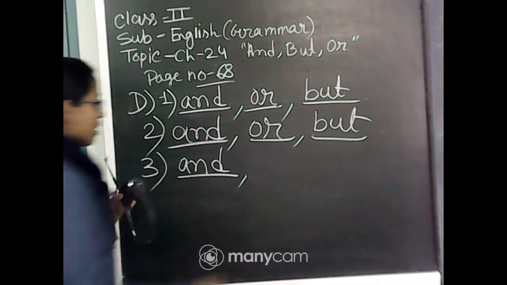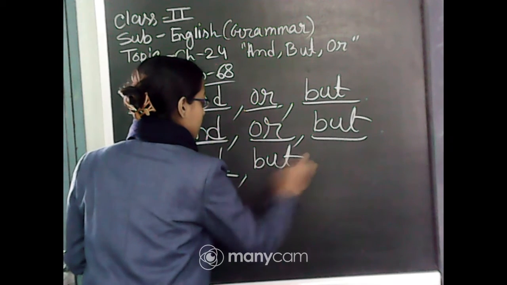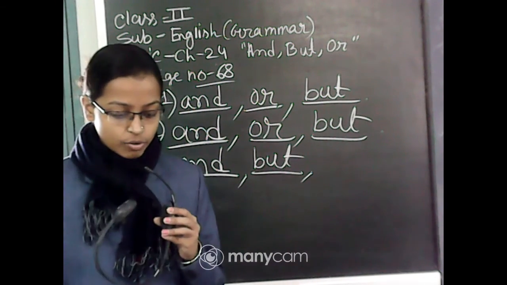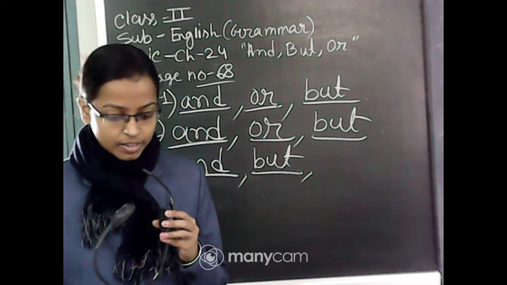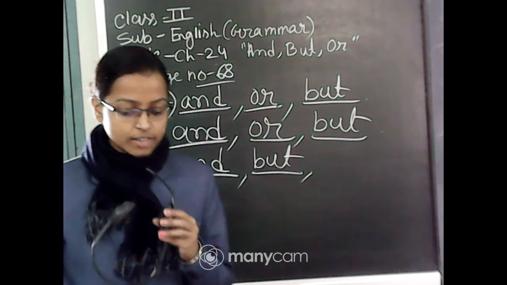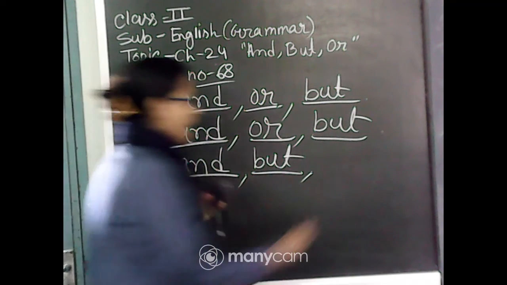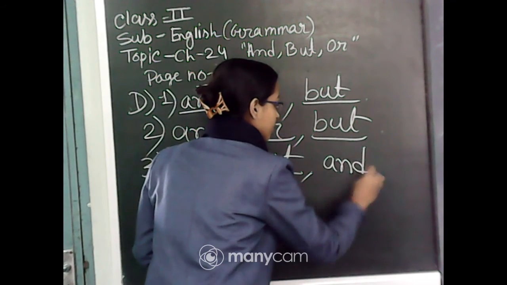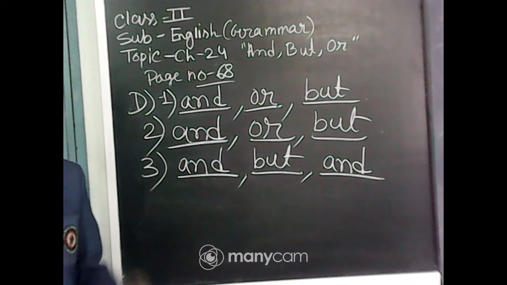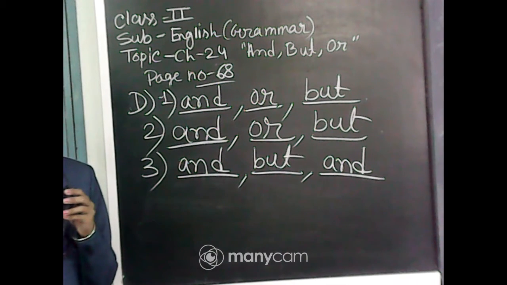Yes, it will be but: nobody likes the crow. The crow is a thief. It steals eggs dash even young birds from the nests of other birds. It will be and. It steals eggs and even young birds from the nests of other birds.